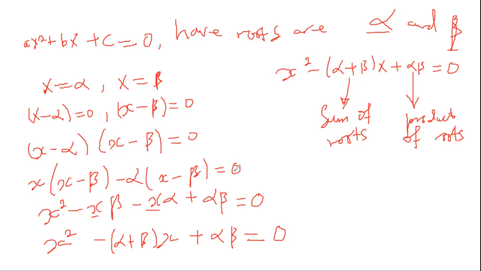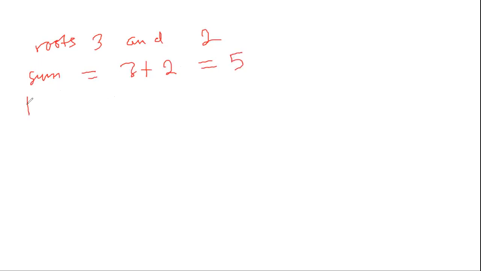So if we work out an example where the roots are 3 and 2, what we would do is find the sum of roots, which would be 3 plus 2, and this will give us 5, and then we get the product.